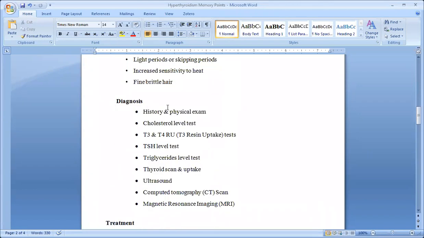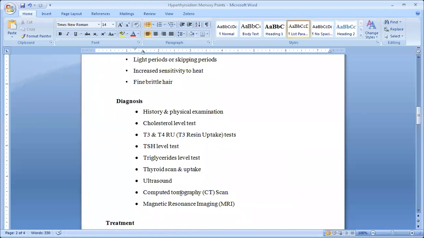How can we diagnose it? The doctor will first take the history and do a physical examination. What do we have to check in the diagnosis? Cholesterol level, triglyceride level, T3, T4 resin uptake test, thyroid stimulating hormone test, thyroid scan and uptake, ultrasound, CT scan, MRI.